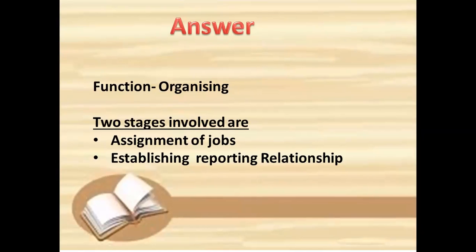The work is allotted according to the nature of the job and the person's ability to perform the job. So this stage of the process is assignment of job, and who will report to whom is establishing reporting relationship. In this way, it's quite easy for us to solve this case study question in very less time.